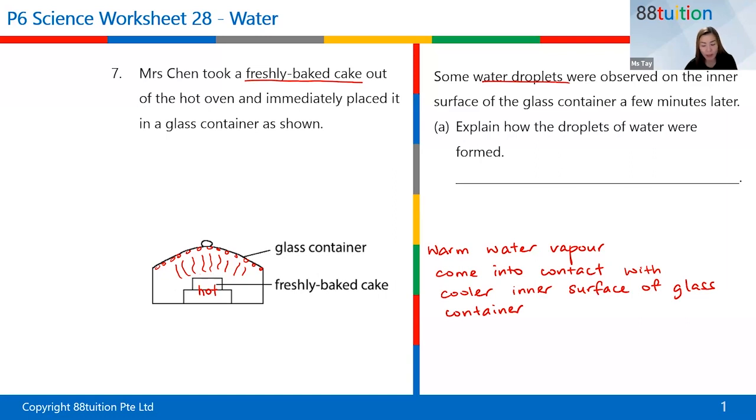So what happens when it comes into contact with a cooler surface? The water vapor, which is warm, will then lose heat. So: warm water vapor comes into contact with the cooler inner surface of the glass container, comma, loses heat. After it loses heat, what will it do? Condense.